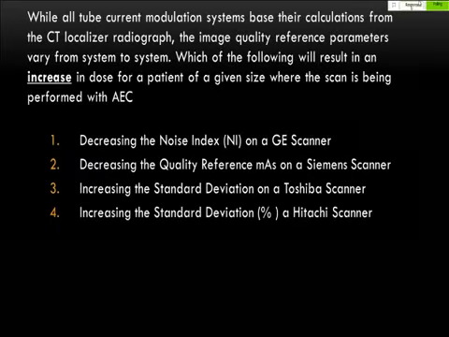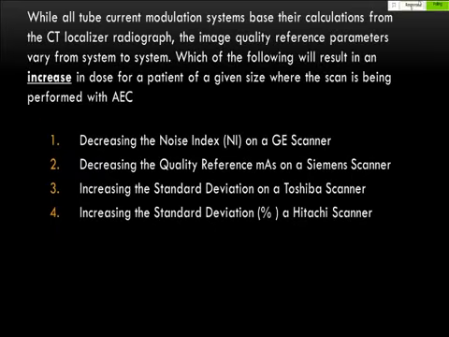Okay, so our third and final SAMS question is: while all tube current modulation systems base their calculations from the CT localizer radiograph, which you got right in the first SAMS question, the image quality reference parameters vary from system to system. Which of the following will result in an increase in dose for a patient of a given size where the scan is being performed with an automatic exposure control?